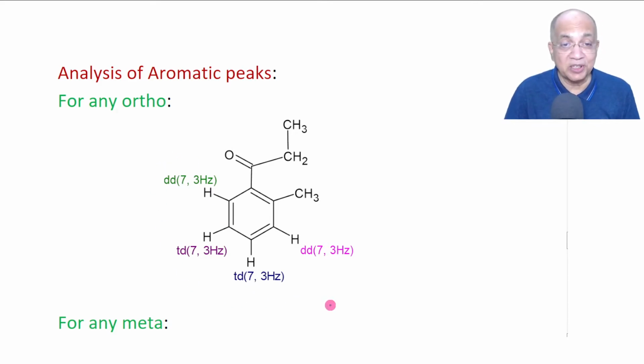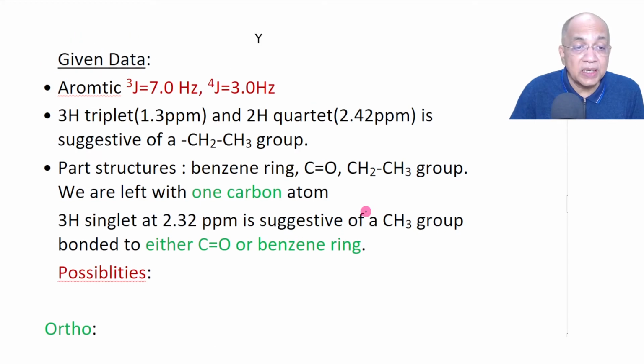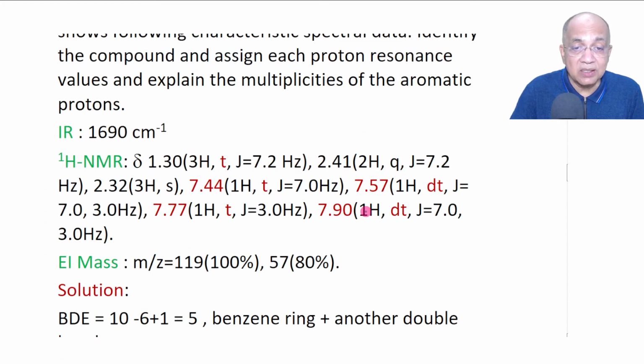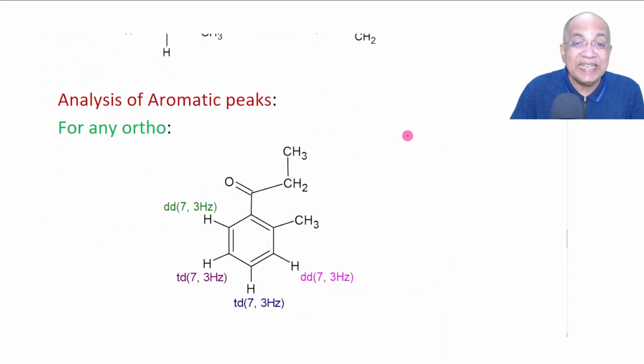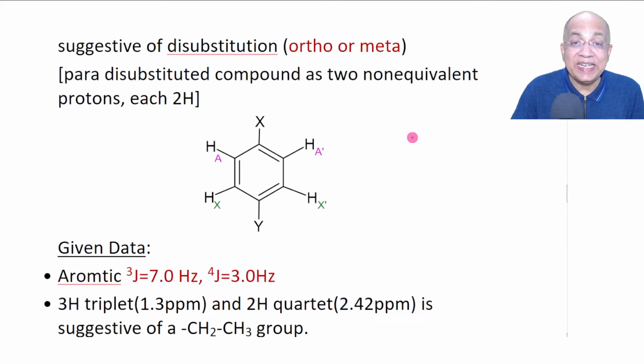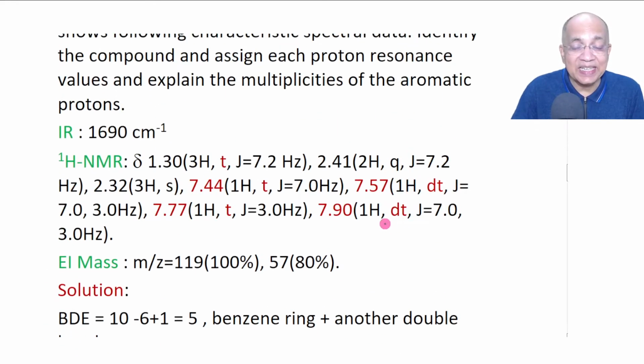But at the respective positions, we are not interested in that. We are interested in the patterns, but we don't find them in the actual data. There is no TD. There are two DTs. See these data: DT, doublet of triplet.